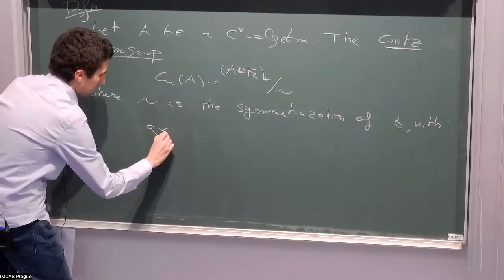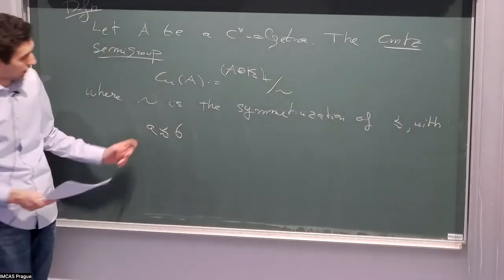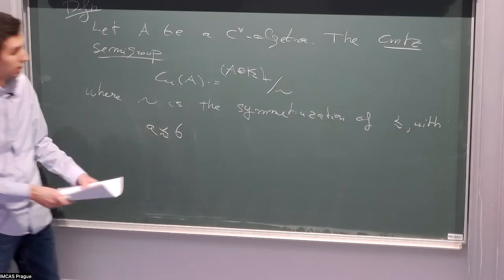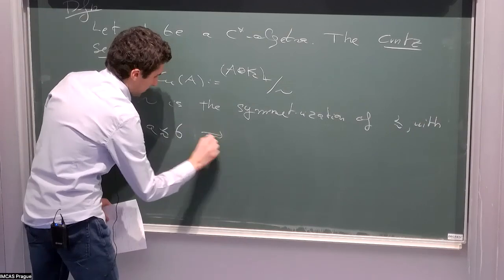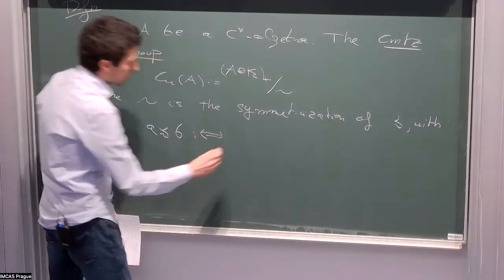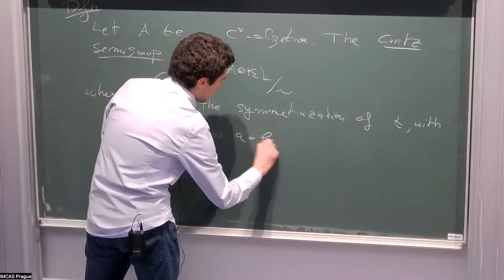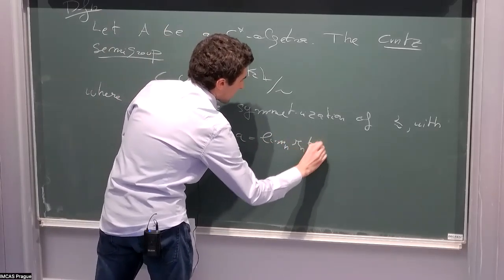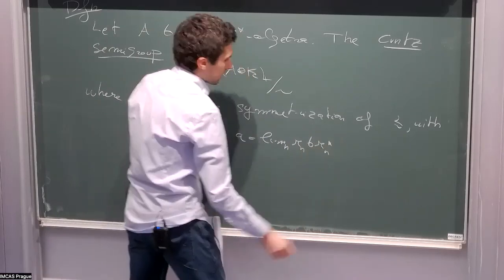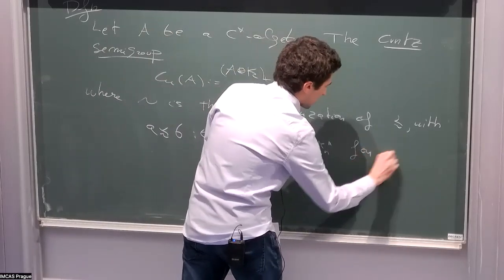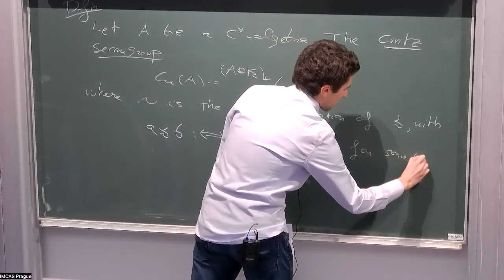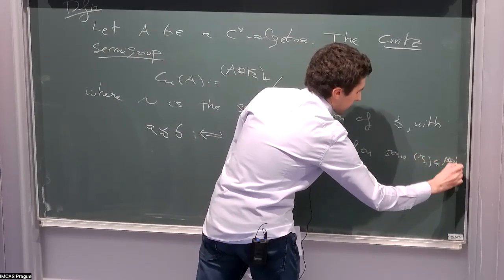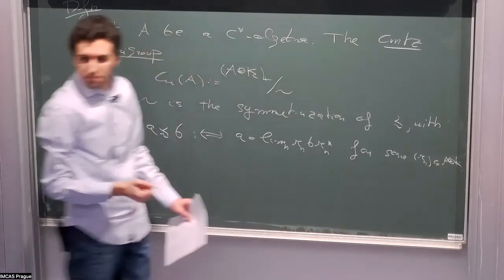A positive element a in A tensor K is subequivalent to another positive element b in A tensor K if and only if, by definition, a is the limit as n goes to infinity of r_n b r_n star for some sequence r_n in A tensor K. Okay.